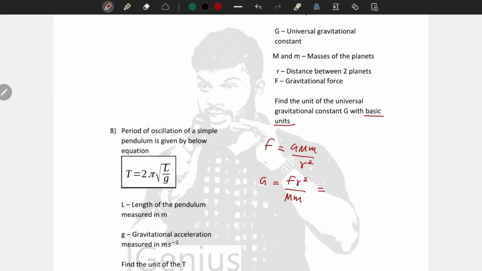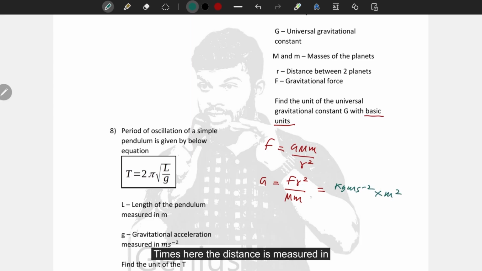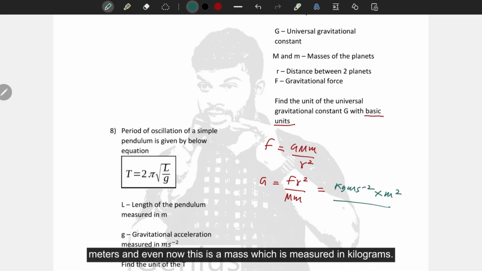because that's not a basic unit. The relevant basic unit, we have already come to know, is kg m s to the power minus 2, times here the distance is measured in meters, and this is a mass measured in kilograms, and this is also a mass measured in kilograms.